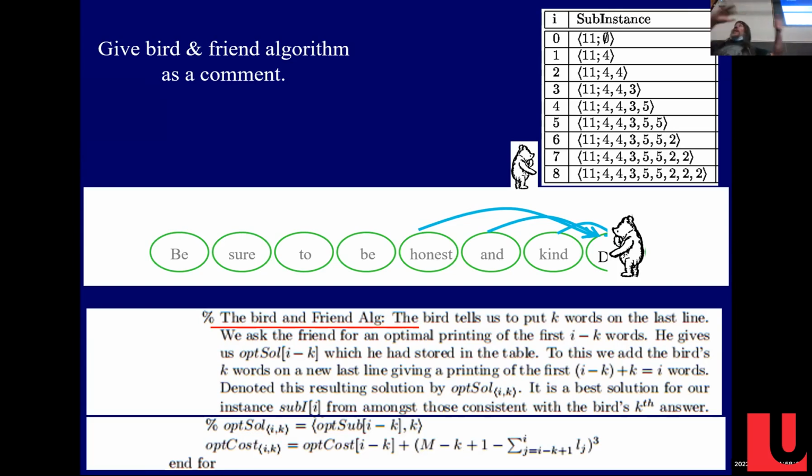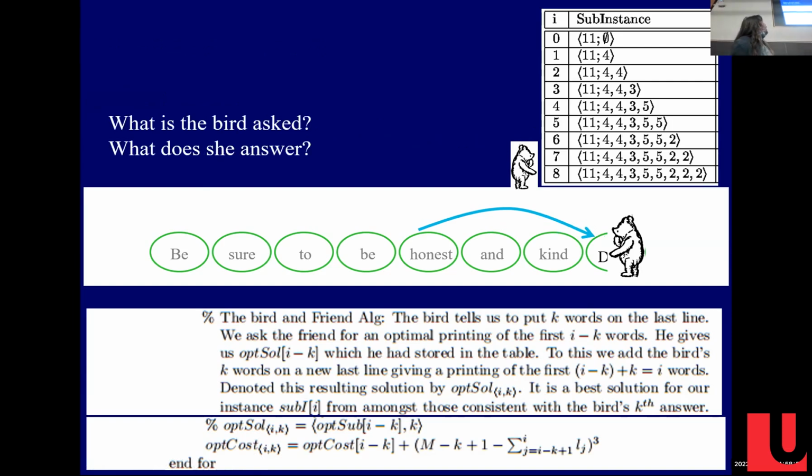So I don't know how that'll work out in the test. But what is the bird-friend algorithm? I'm saying here, put it in as a comment unless you've answered it earlier, so you don't put it twice. We'll figure out together whether we're going to do that.